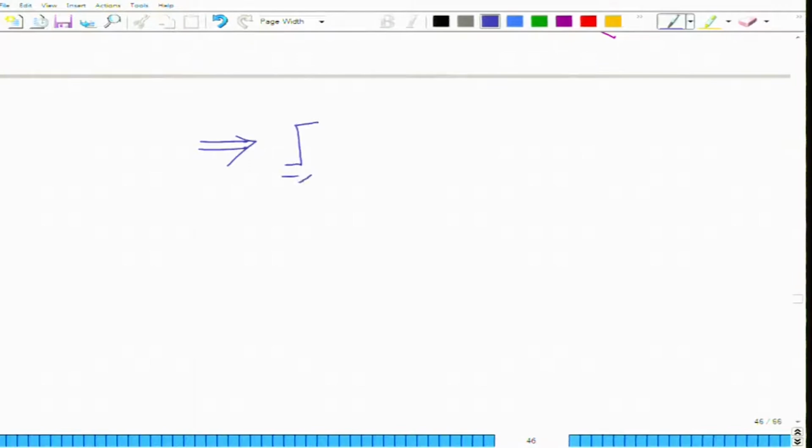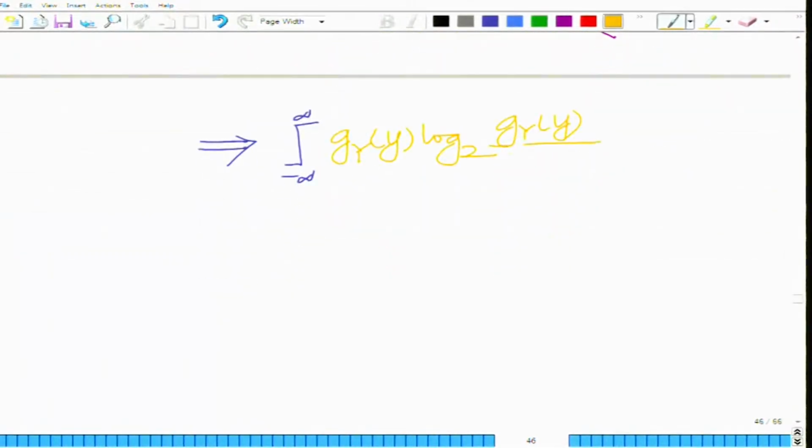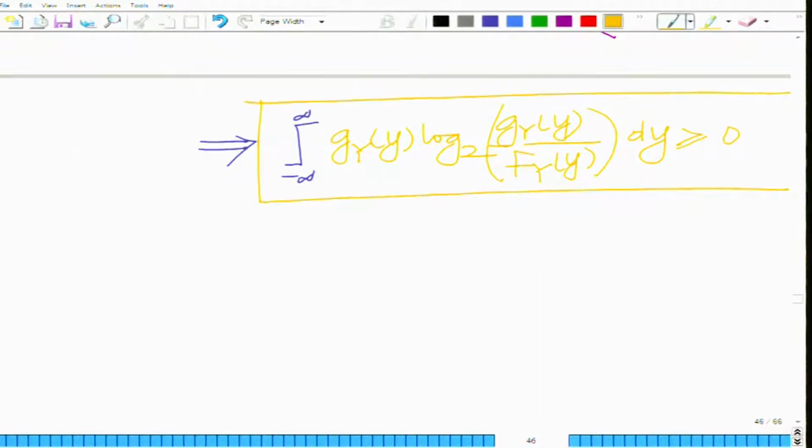that implies the integral from minus infinity to infinity of g_Y(y) log to the base 2 of g_Y(y) divided by f_Y(y) dy is greater than or equal to 0.